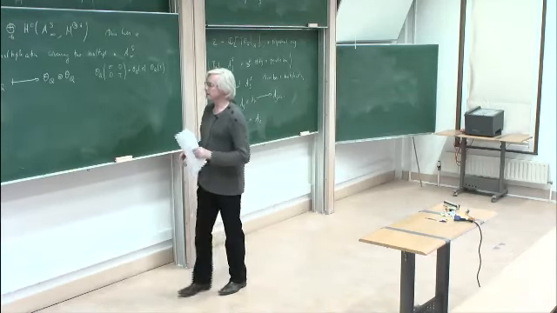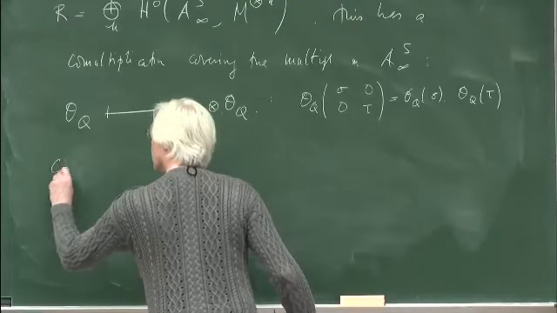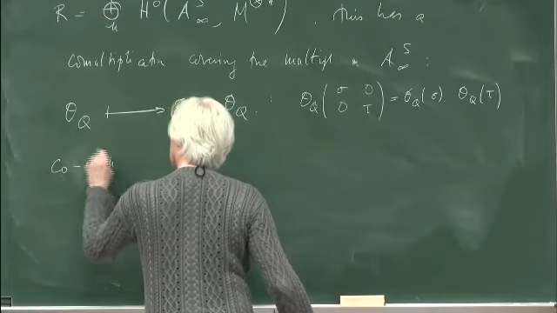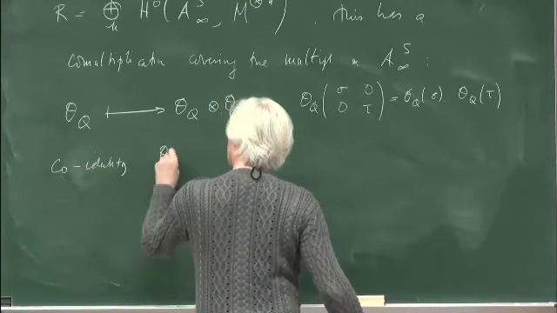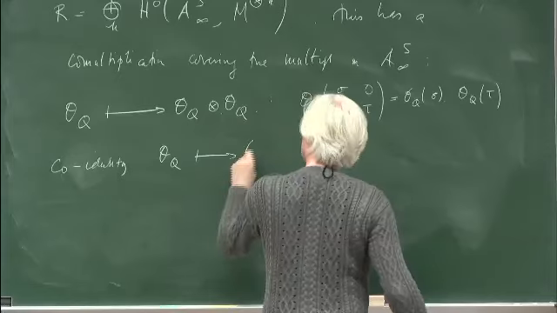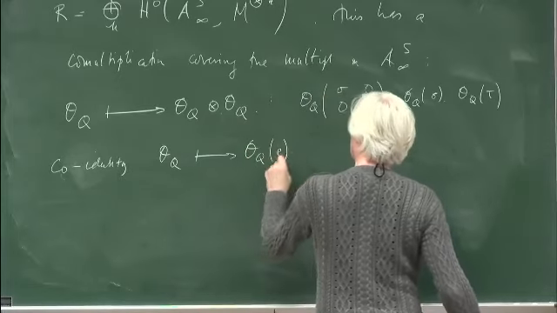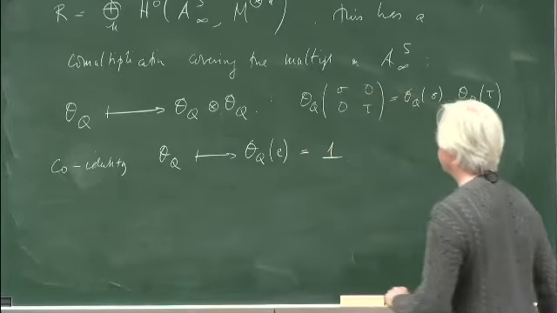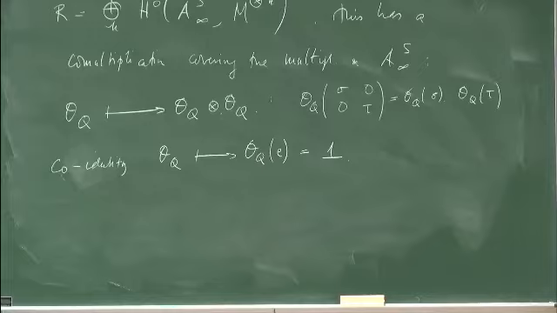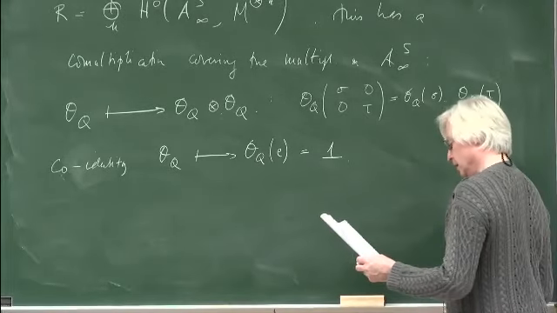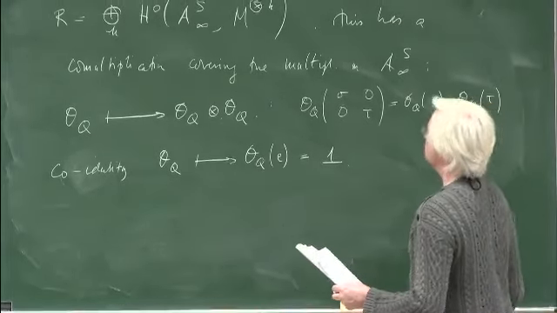And it has a co-identity: theta q maps to theta q evaluated at E, which is 1.